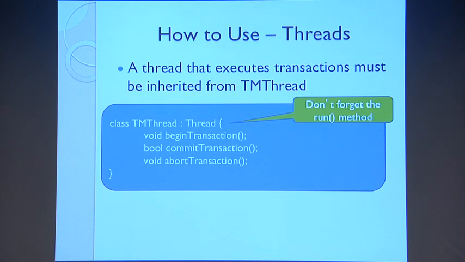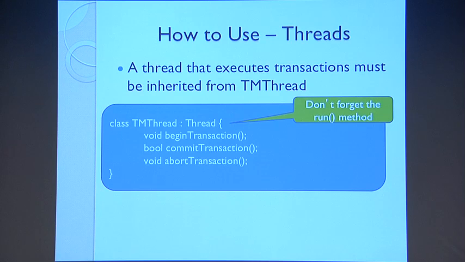I'll just go into what's important here. Each thread, in addition to its run method, which says I will run whatever I want in a separate thread from the main thread, will also have these operations: begin transaction to initiate a new transaction, and commit transaction to state that I finished my transaction and I want all the operations to be executed atomically.